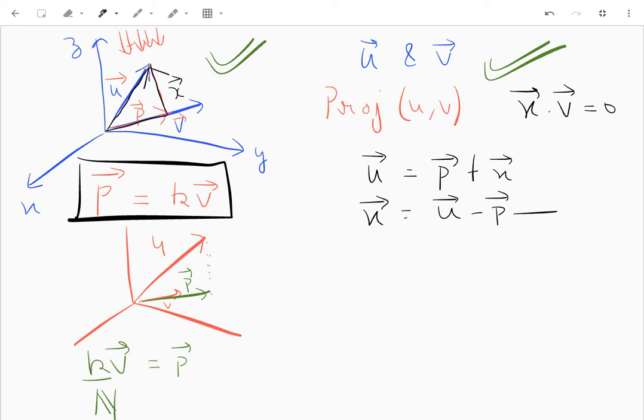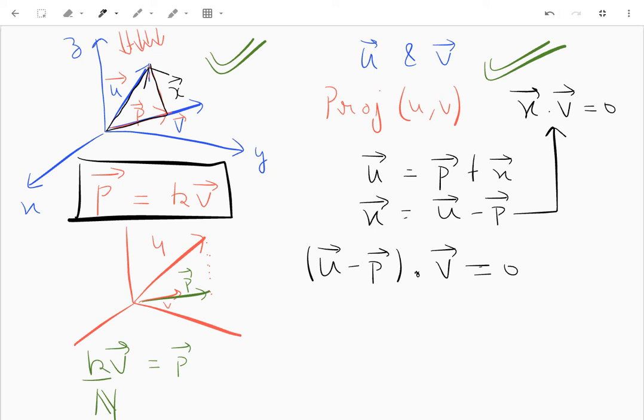And now we'll substitute this into this. So what we get is u minus p dot v equals 0. My bad, the dot product is a scalar, so it will be just 0.